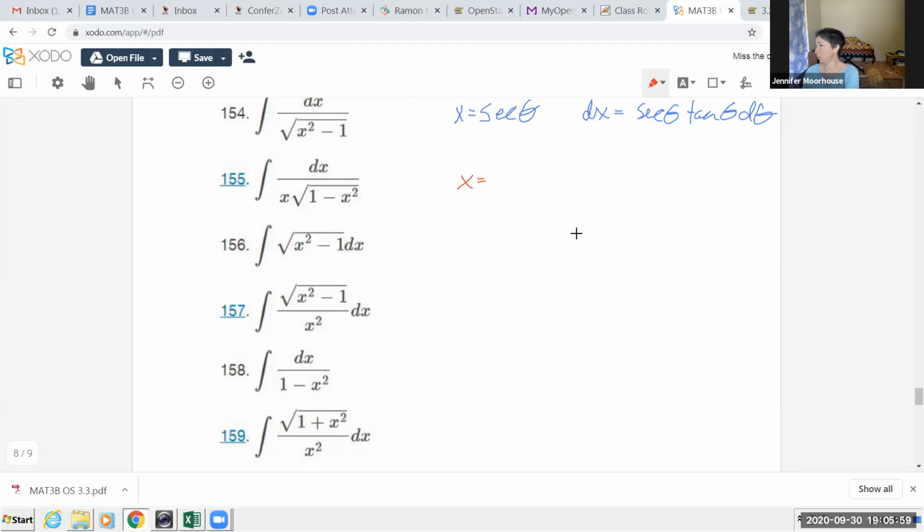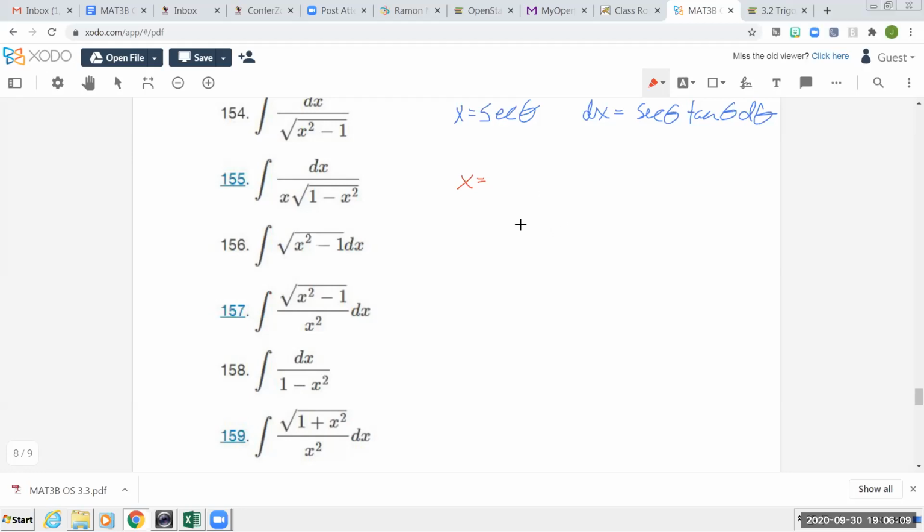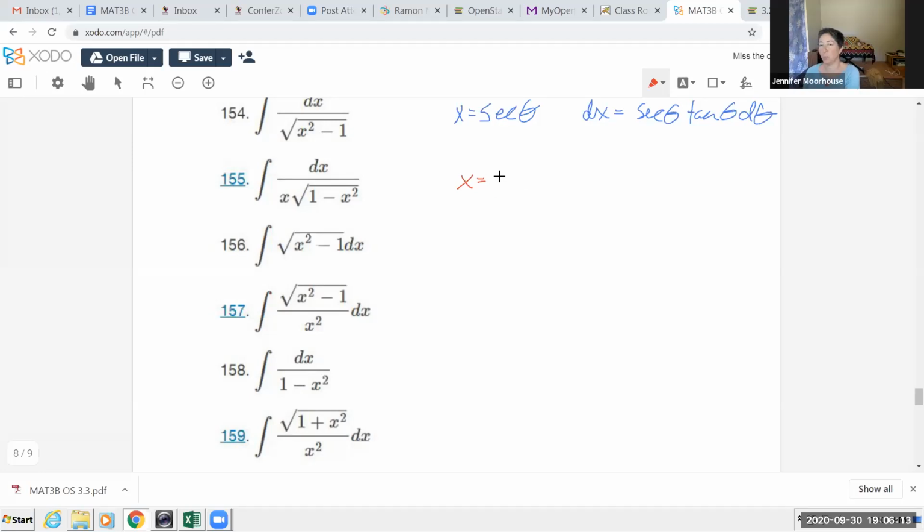Nope. Sine. Yeah, there you go. Yep. So think of 1 minus sine squared equals cosine squared. So your x would be sine theta, which means your dx is cos theta.